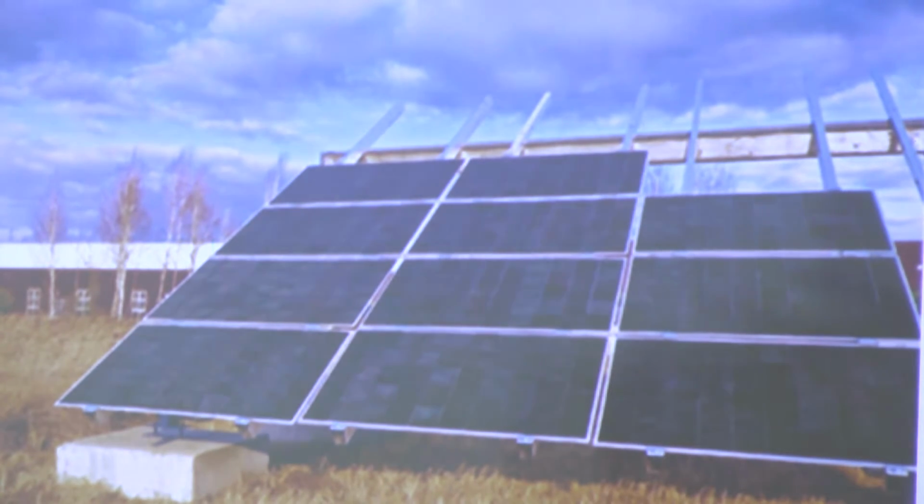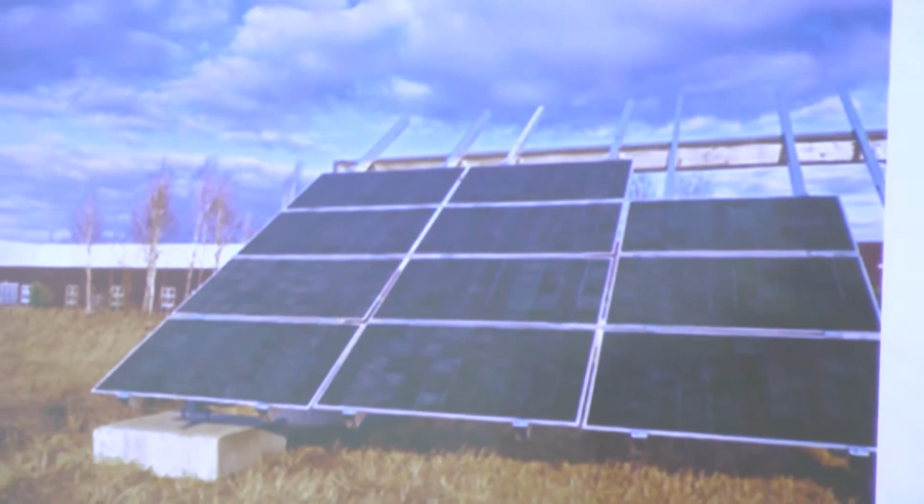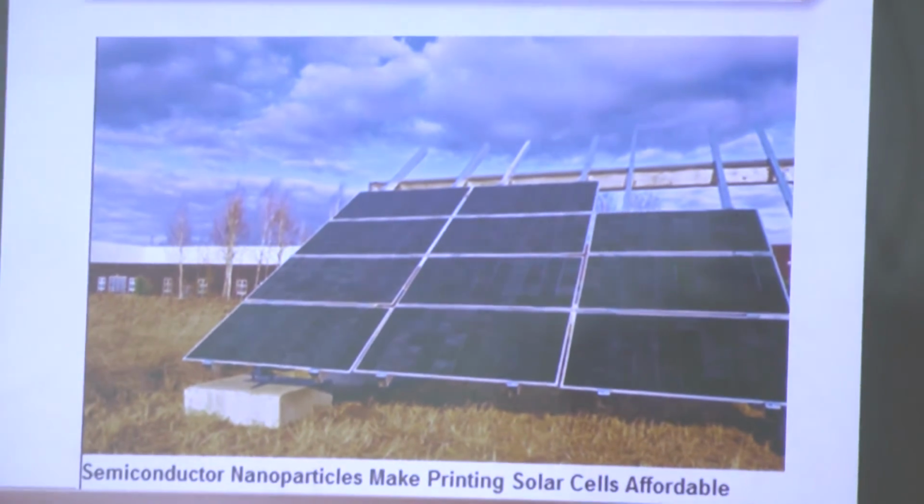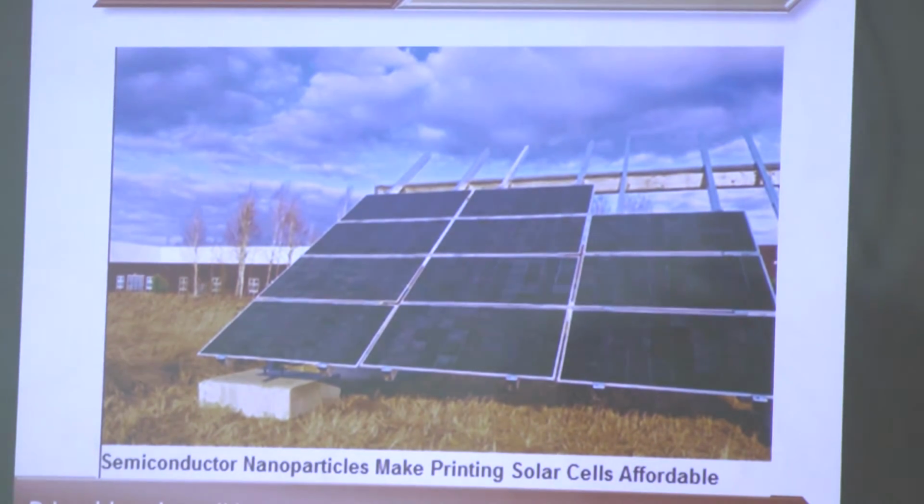But instead of this, in this kind of picture, you can see that you make semiconducting nanoparticles and just print them on metal sheets. That is the effort done by NanoSolar, one of the companies. You have the metallic sheet, a metal foil, and you print using a simple printer kind of thing the ink of the solar cell, that is nanoparticles, and that kind of solar cell has been fabricated. So this also is there.